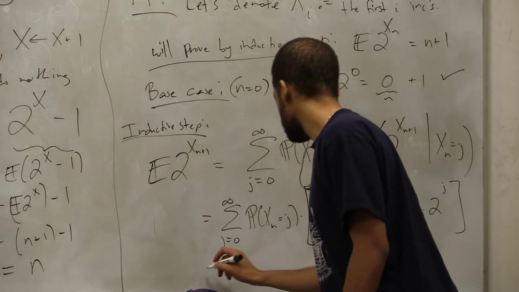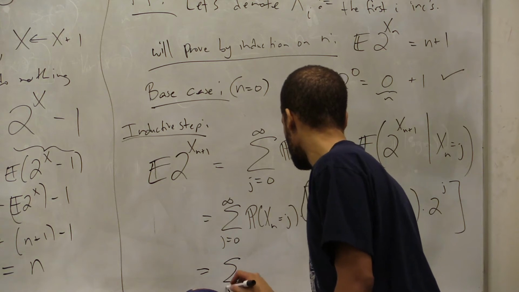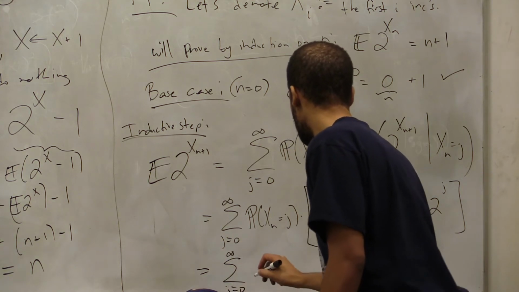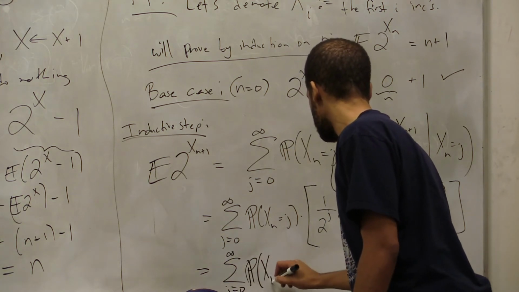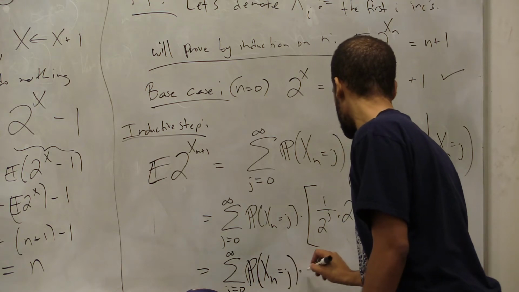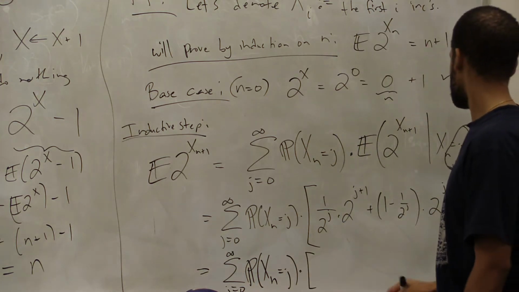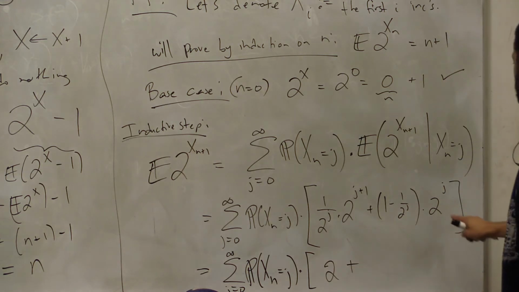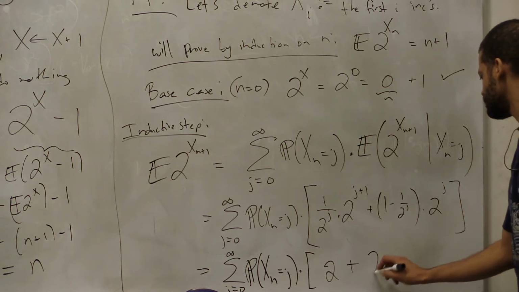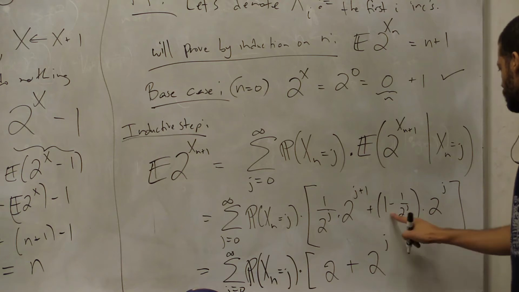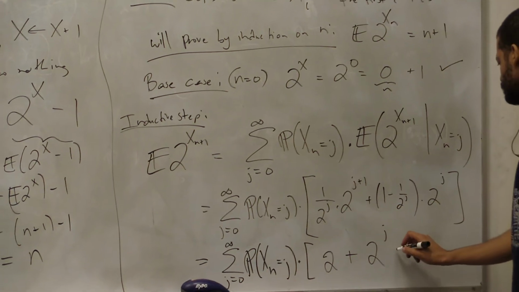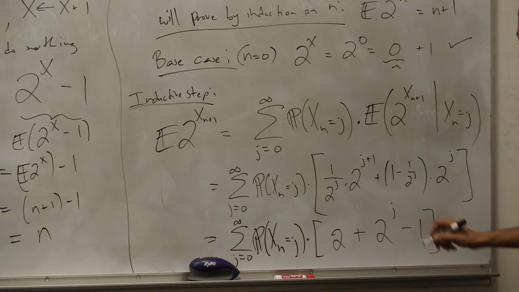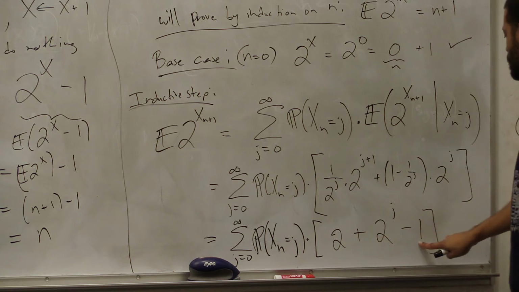So this is equal to the sum, j from 0 to infinity, of the probability that xn is equal to j times 2 plus 2 to the j minus 1. Because 2 to the j divided by 2 to the j is 1, so the 2 minus 1 is just a 1.